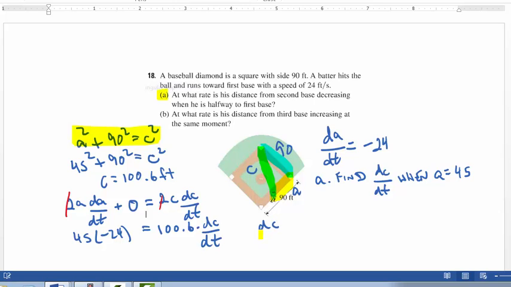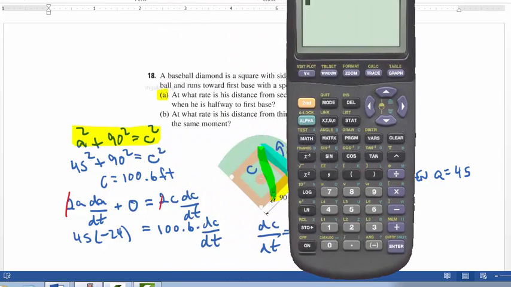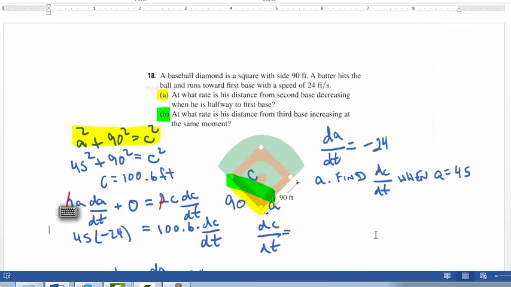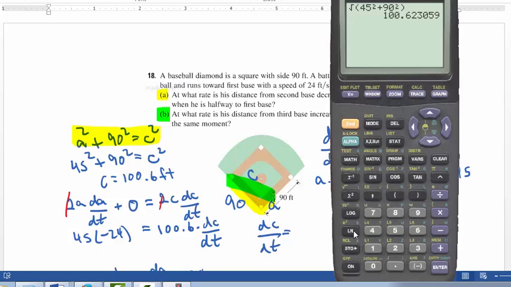So when we do that, dC/dt, his distance from second base, should also be negative, because we have one negative in this problem. So we just divide 45 times negative 24 by that answer there, which was 100.6 something. But I can use the answer button to get the more precise value in there.